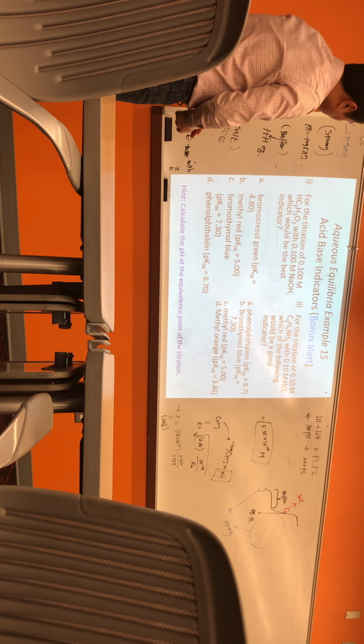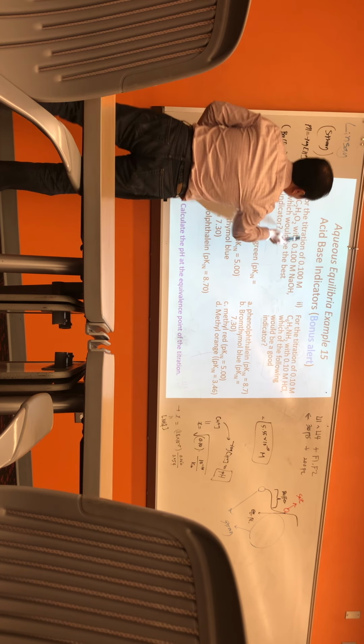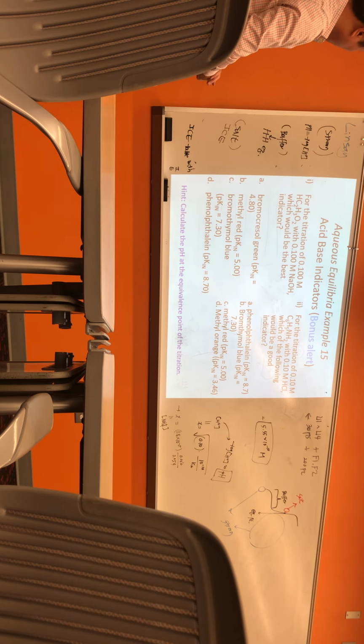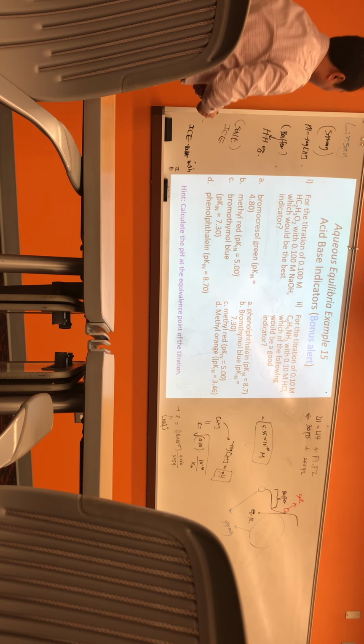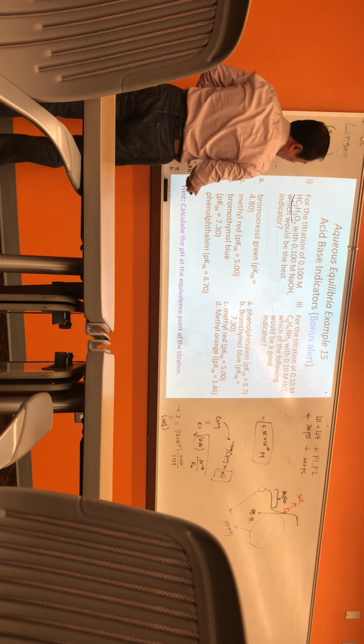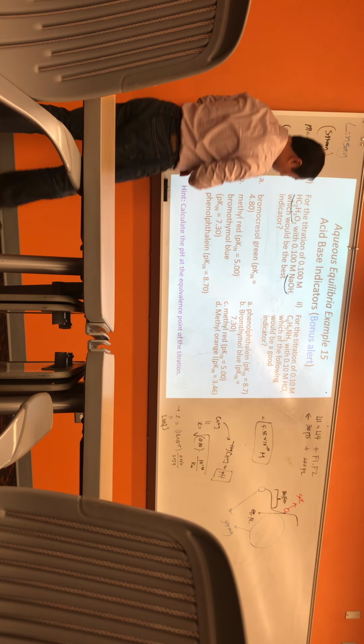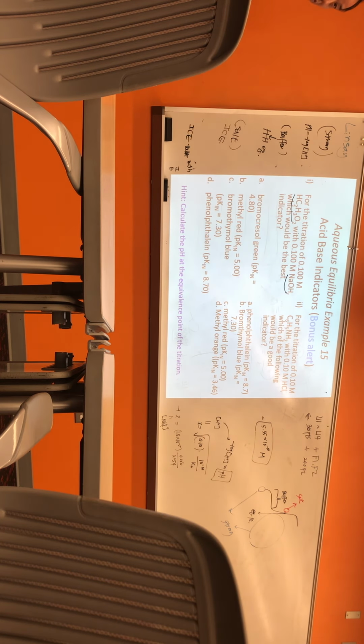What indicator should we use if we want to identify that one? So we have a weak acid here and a strong base. What indicator should we use?